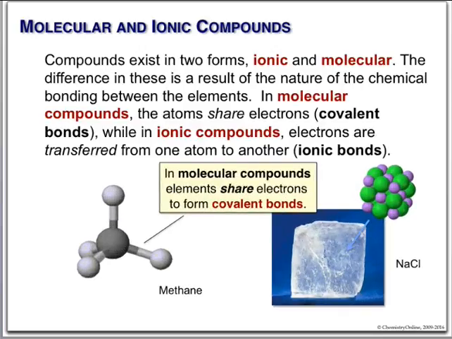Here's methane, 1 carbon and 4 hydrogens. Again, the carbon has 4 valence electrons. Each hydrogen has 1. We wind up with 4 covalent bonds. Now, like I said before, compounds that have covalent bonds, we tend to call molecular compounds.